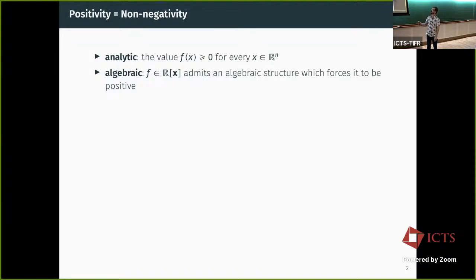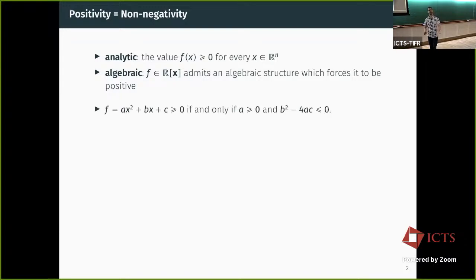One of them is analytic. We look at the polynomial not as an element of the ring, but as a function, and then the values determine the positivity or not. Or we can look at the polynomial as an algebraic object, and then the question is whether there is a structure of this polynomial that tells us it is definitely non-negative.